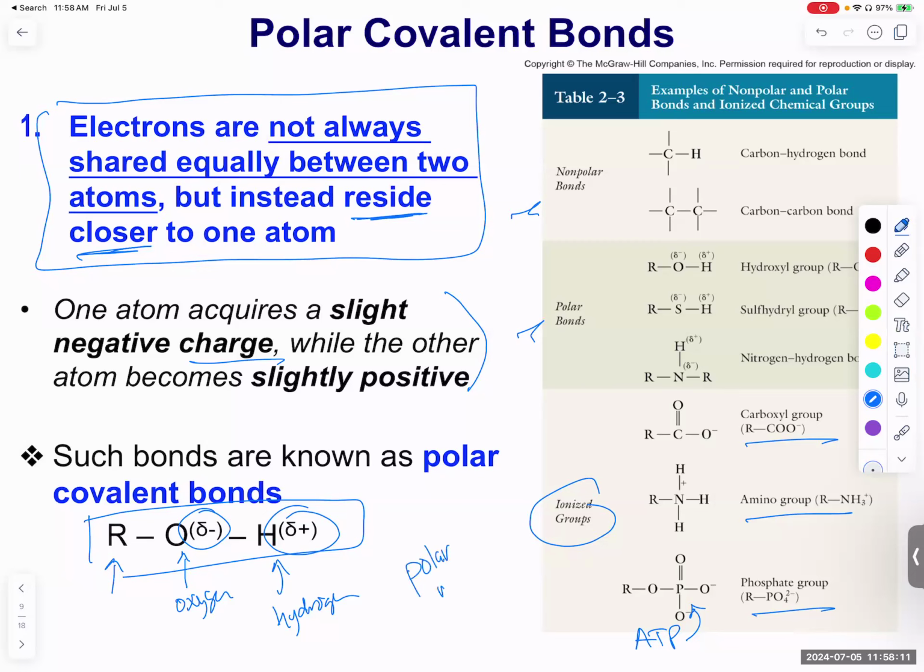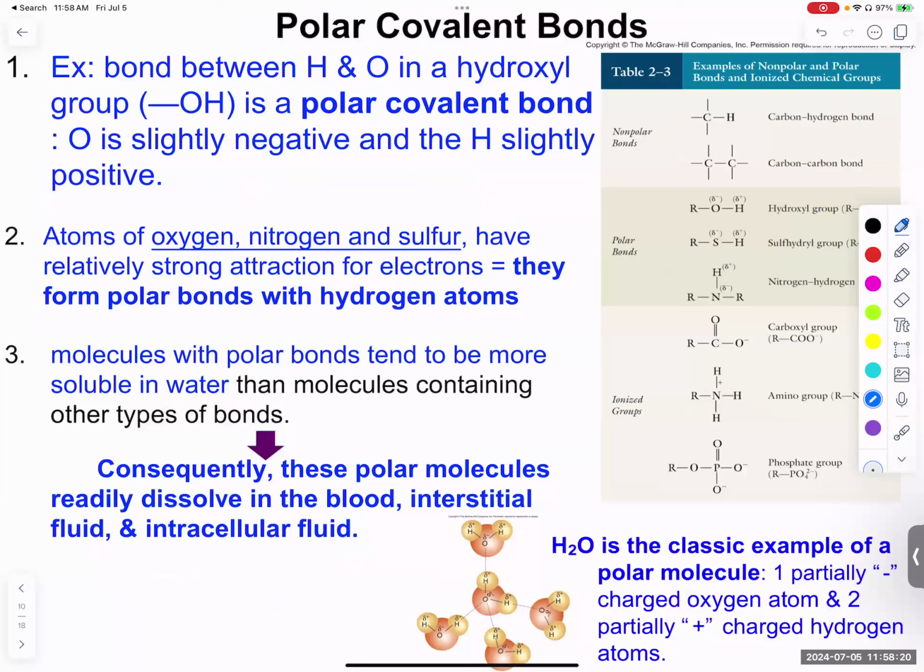And polar molecules have charges to them. That's going to be different than nonpolar molecules, which have no charge. And so all things are shared equally. It becomes almost like a different substance.